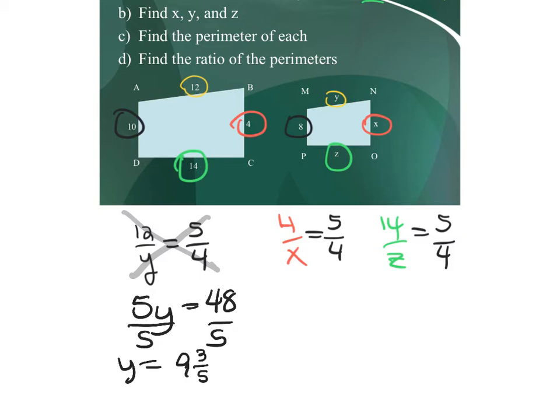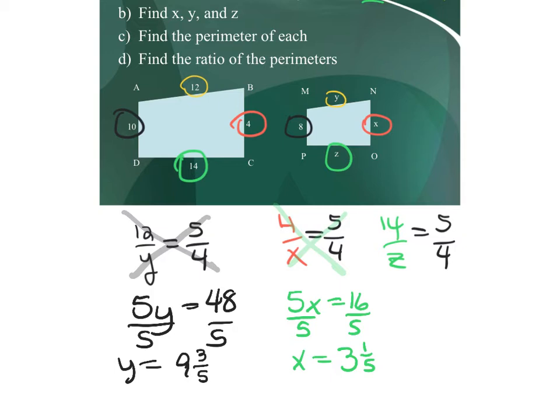Yes. So on a quiz, you would have to leave it as either a decimal or a mixed number. Correct. Okay, the next one, again, cross products here. 5 times x, 4 times 4, divide by 5. 5 goes into 16 3 times with 1 left over.